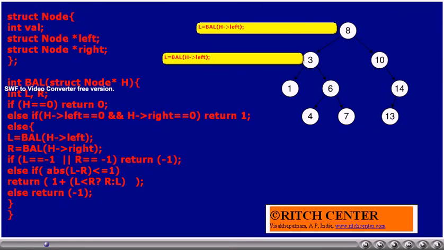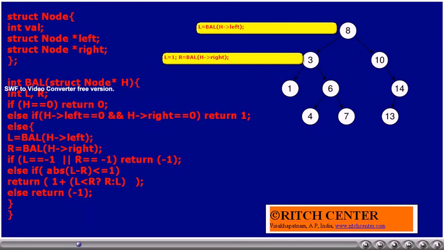Again, we will be traversing the left subtree of node 3. That is, now the address of node 1 is sent as the argument for the third recursive call. As that node is a leaf node, it simply returns 1. Now the right subtree of node 3 has to be traversed.